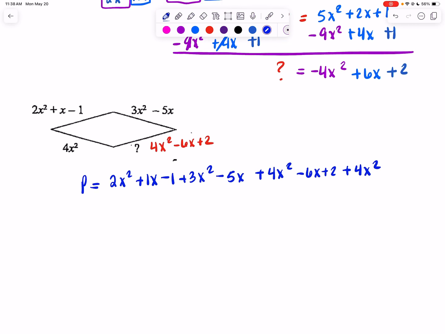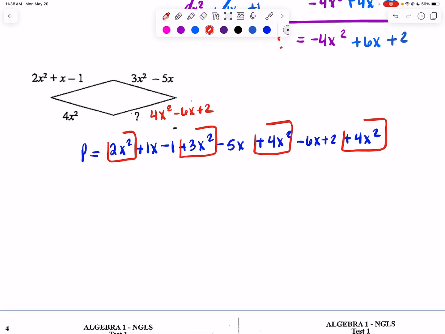Now I'm going to combine those like terms. 2x squared, 3x squared, 4x squared, 4x squared. So 2 plus 3 is 5, plus 4 is 9, plus 4 is 13. So I get my perimeter is going to be equal to 13x squared. Now I'm going to do my x's. So 1x minus 5x minus 6x.